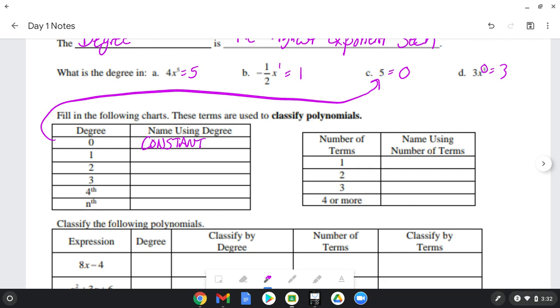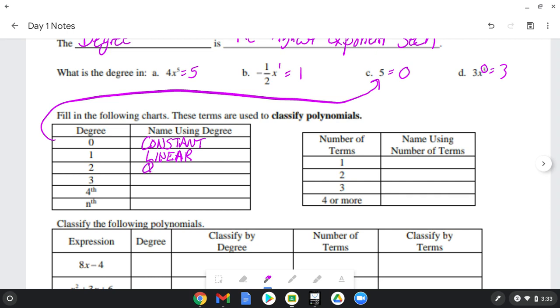It doesn't have a variable attached to it. There's going to be nothing that changes that 5 to anything else because there is no other variable, no other exponent. Anything to the first degree, we call those linear equations. So that's something that we graphed a lot. So like when we had y equals 2x plus 1, y equals negative x plus 3, anything with an x to the first, we always created a line for us when we graphed it.